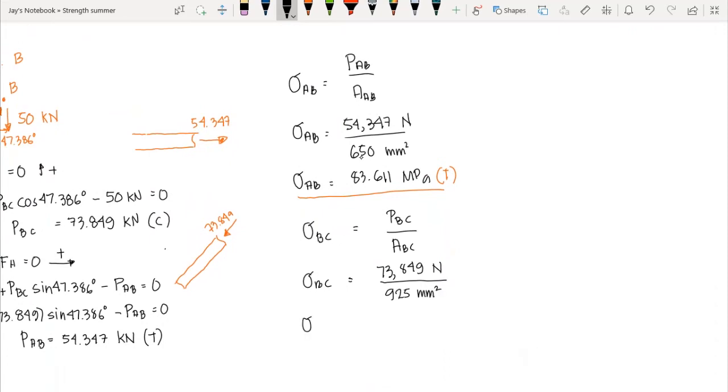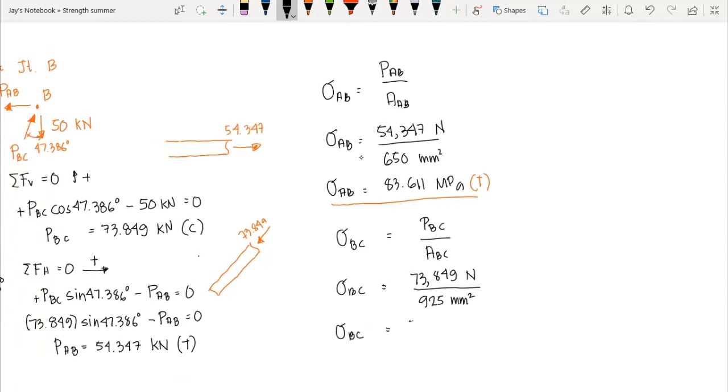So we have the stress of member BC here, which is equal to 79.837 megapascal. Since our axial force here is in compression, we have compressive stress. So this is our answer for the normal stress of member BC.